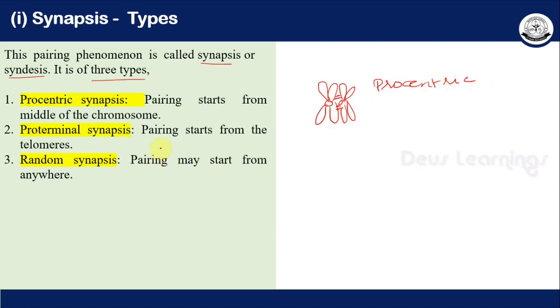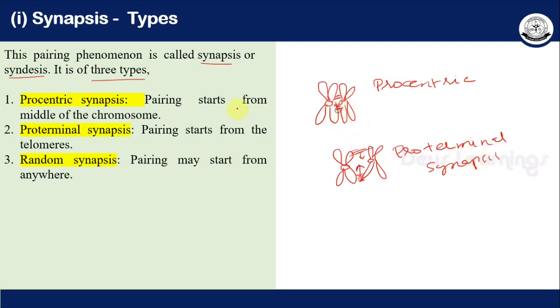And if pairing begins from the telomeric region, it can start from the top or from the bottom.